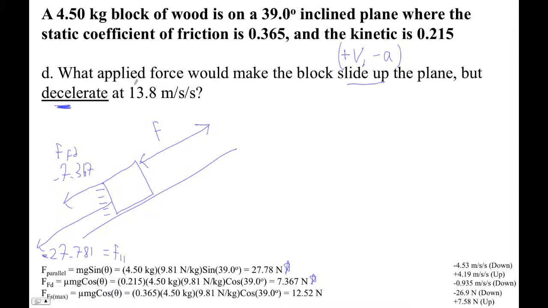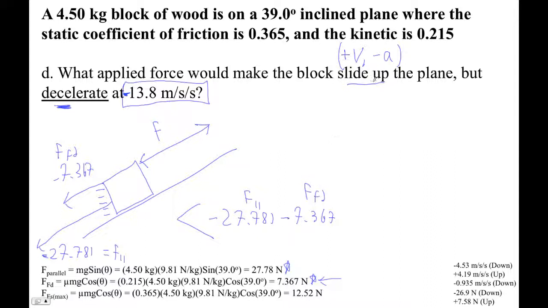We've got that the acceleration is actually negative. That is, we're sliding up the plane but decelerating, so this is a negative acceleration, and so our forces are negative 27.781. That's our force parallel, always down the plane. Minus 7.367. That's our force of friction dynamic.